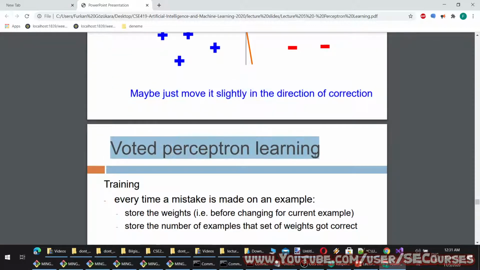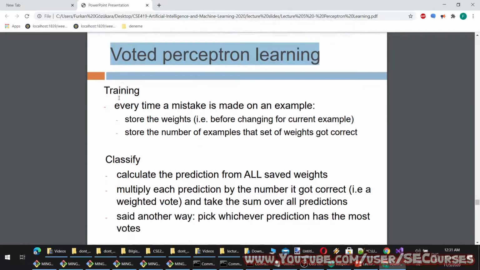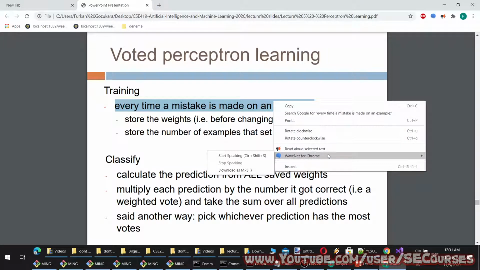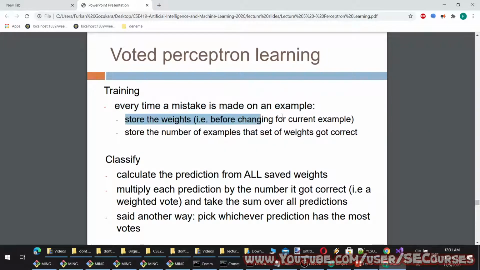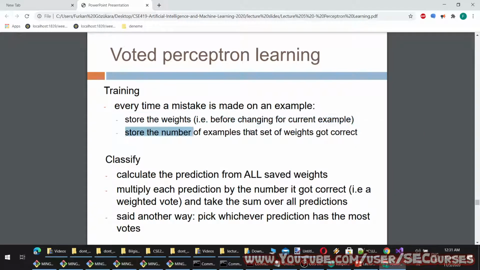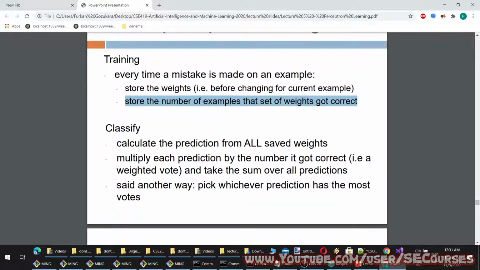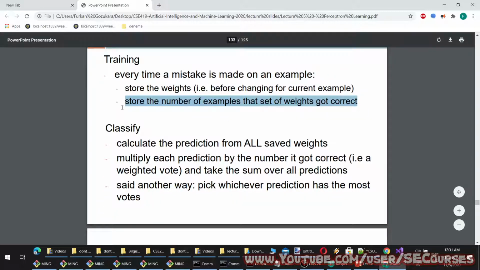Okay, to solve this problem, Voted Perceptron Learning. Training. Every time a mistake is made on an example, store the weights, i.e. before changing for the current example. Store the number of examples that set of weights got correct.